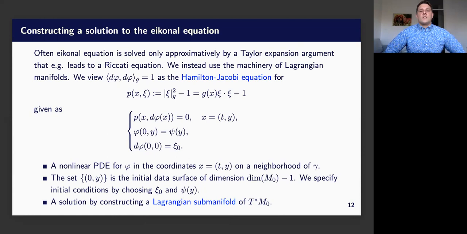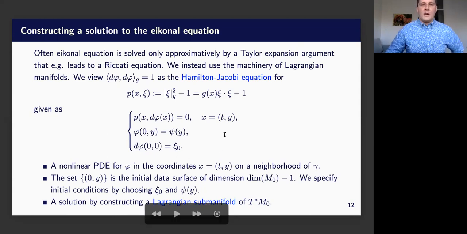We view the diagonal equation, this d phi inner product d phi equals 1, or d phi squared is 1, as the Hamilton-Jacobi equation for the function p, which now is a function on the tangent space or cotangent space, if you will. And it's defined by psi squared with respect to this metric g minus 1.